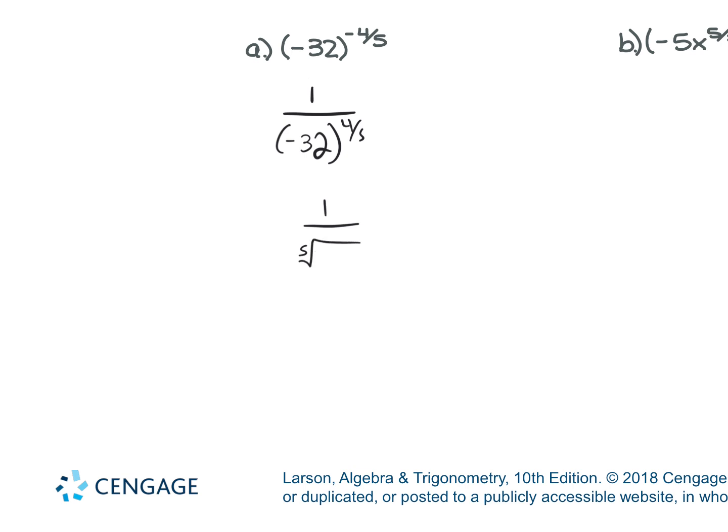So it's the 5th root of negative 32 to the 4th power. You could have also written it as 1 over the 5th root of negative 32 with the 4th power on the outside. It really does not matter which one you prefer. Now, I think I'm going to take the 5th root first instead of multiplying 32 by itself 4 times, because that sounds like a pain.